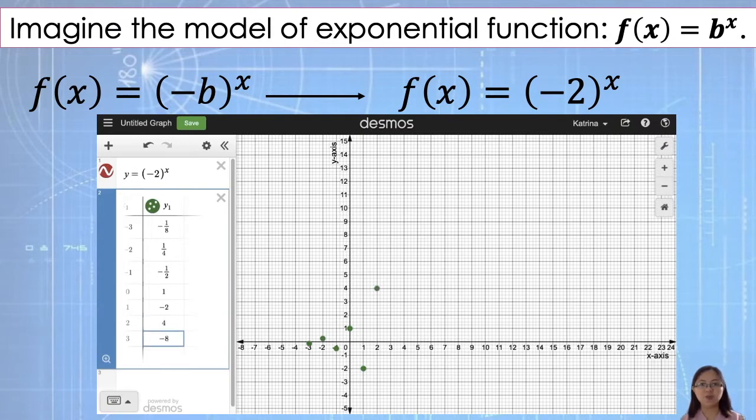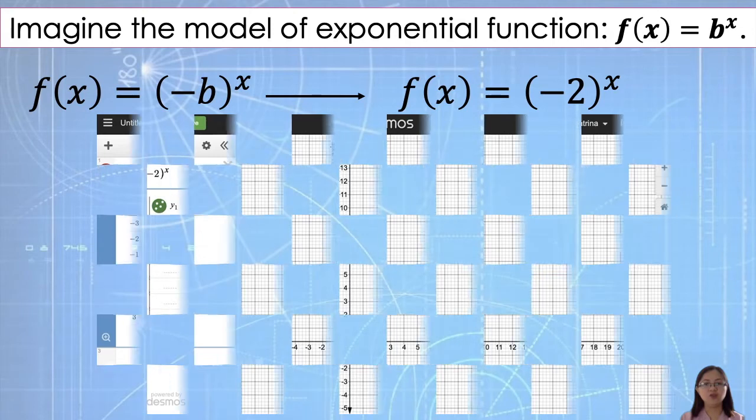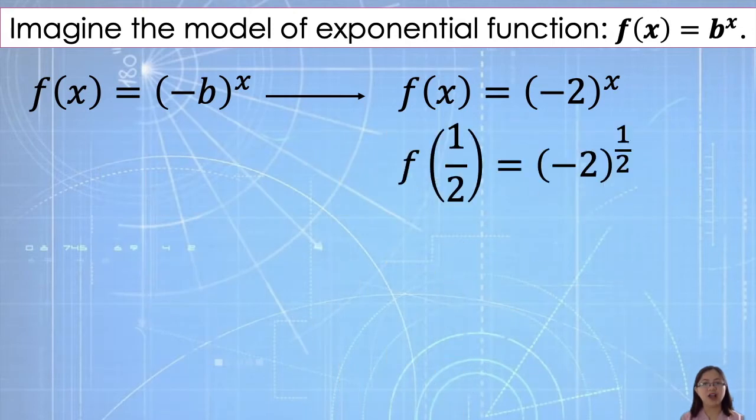Look at how the points are plotted, the green points. Does it look like an exponential function? No, it's not a graph of an exponential function. So what if we evaluate this function at 1/2? We get f of 1/2 is equal to negative 2 raised to 1/2.